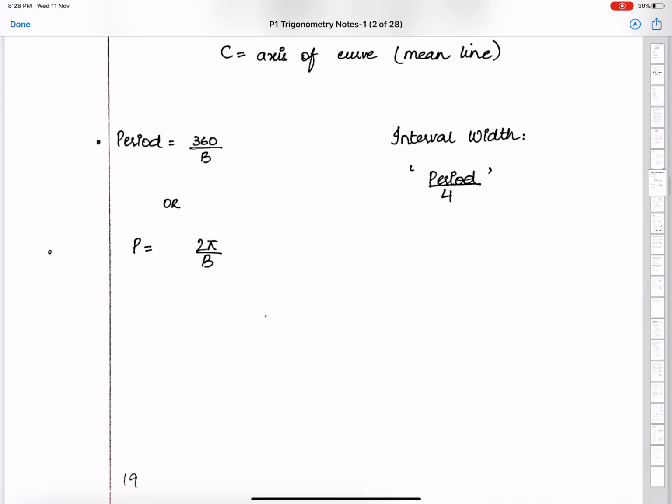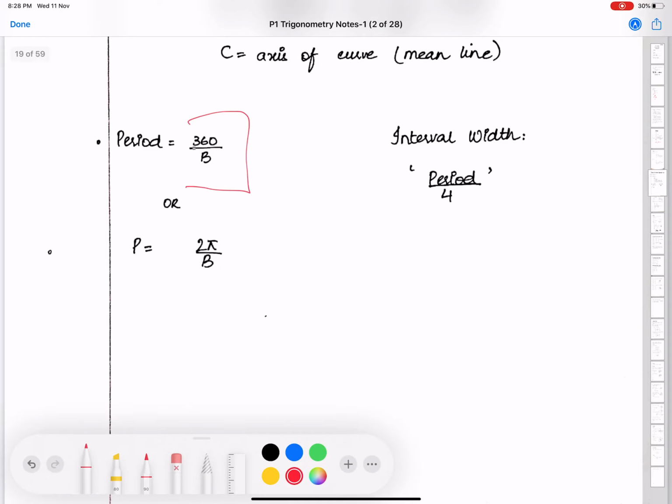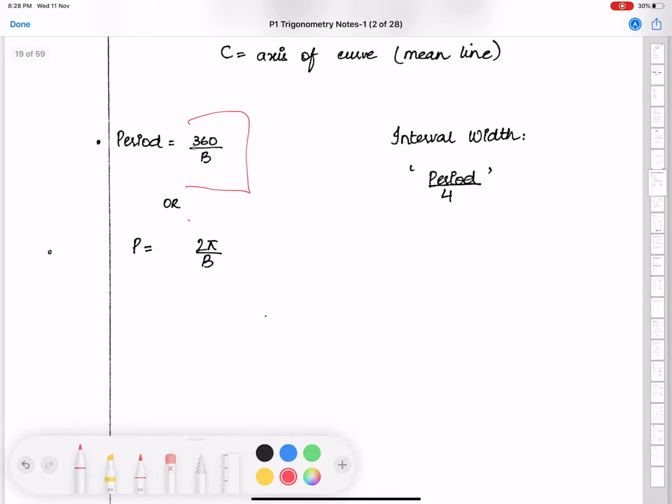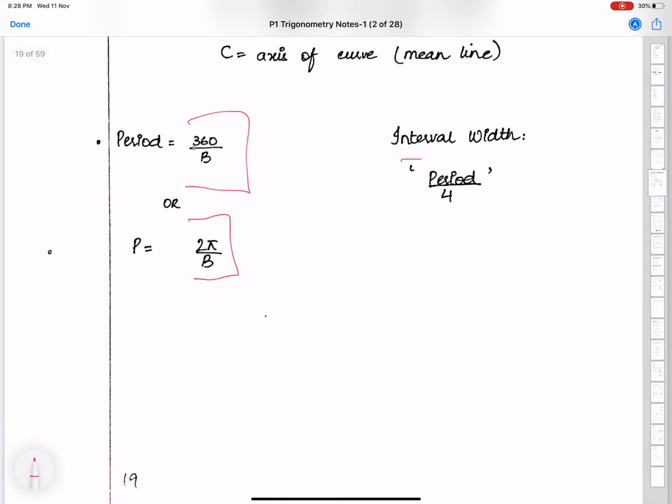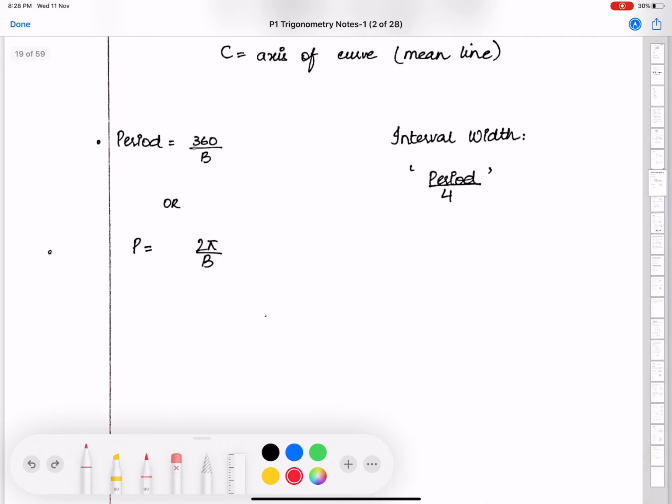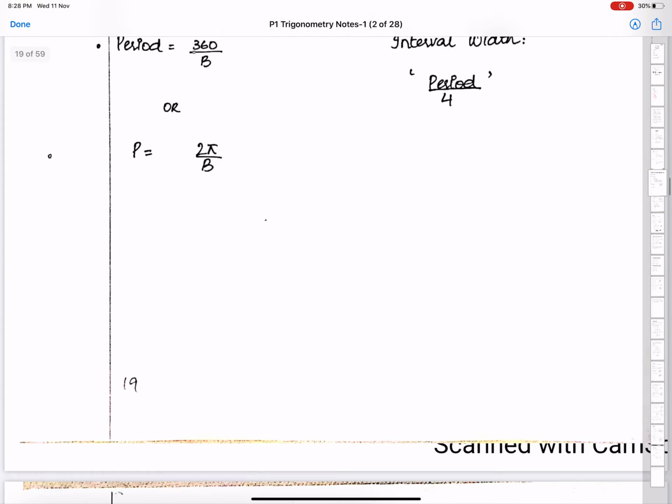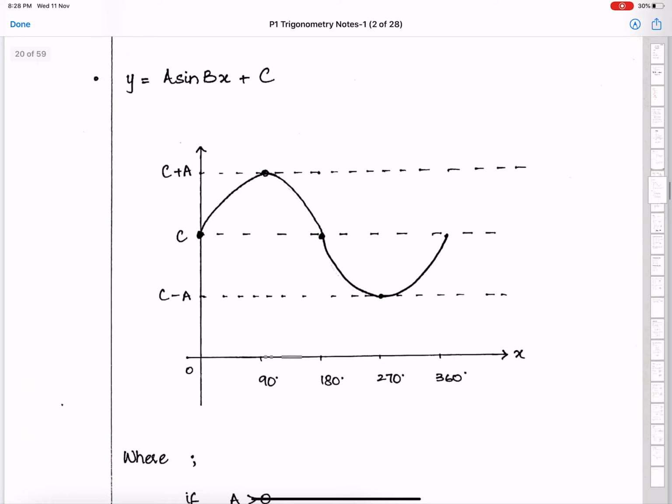Period. I already have told you the period for sine and cos, for both, is 360 upon b, and in radians 2 pi upon b, and this is the formula for interval widths. And this is the way we sketch this curve, a sine bx plus c.